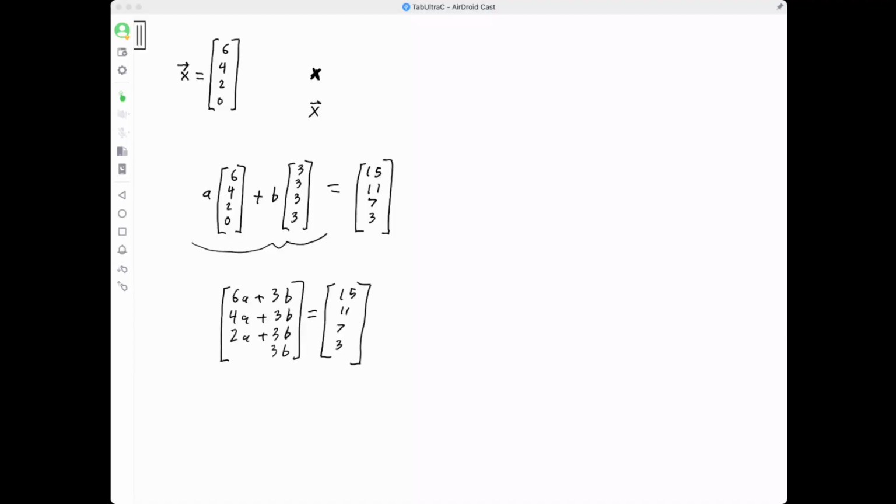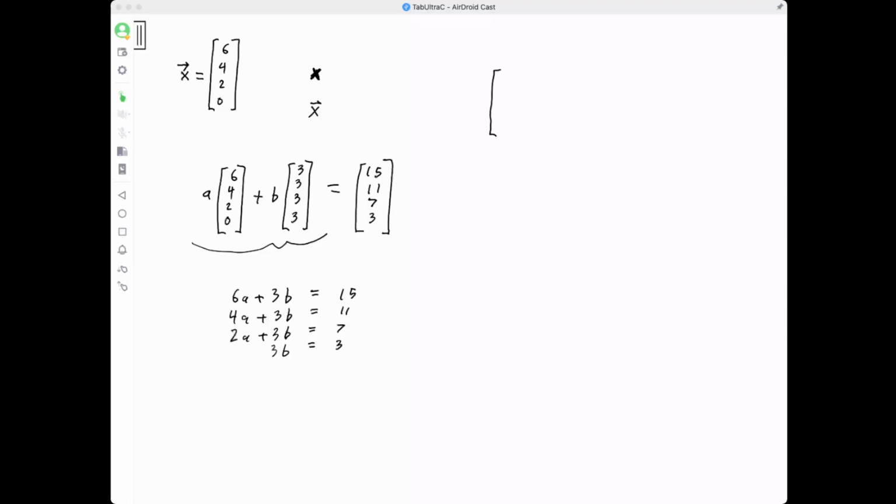So this maybe doesn't seem like it's helped a whole lot, but now, by just getting rid of the vector symbols and putting an equal sign in for each equation, I have turned this into a system of equations. And we know we have a process for solving a system of equations.